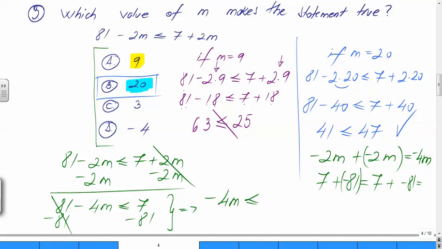What is the rule? Subtract the small one from the largest one. 81 minus 7 gives you 74, right? Keep the sign of the largest one. So less than or equal to negative 74. Now if you want to find m, you're going to divide by negative 4 both sides, okay?